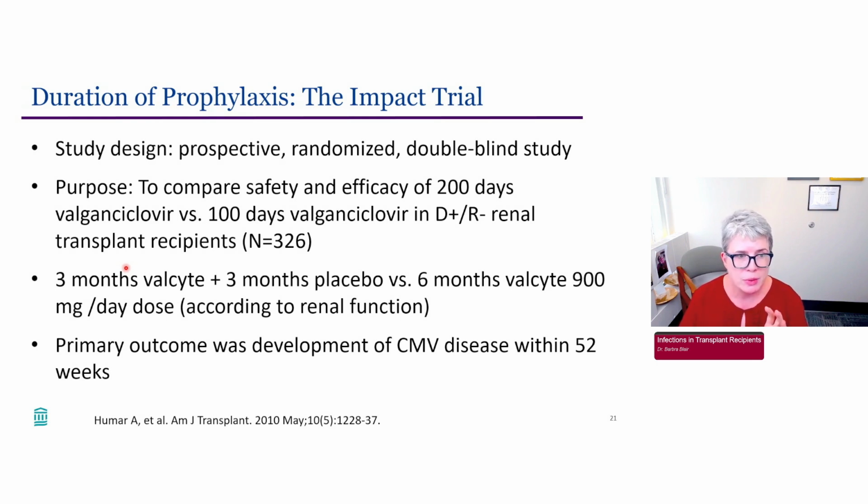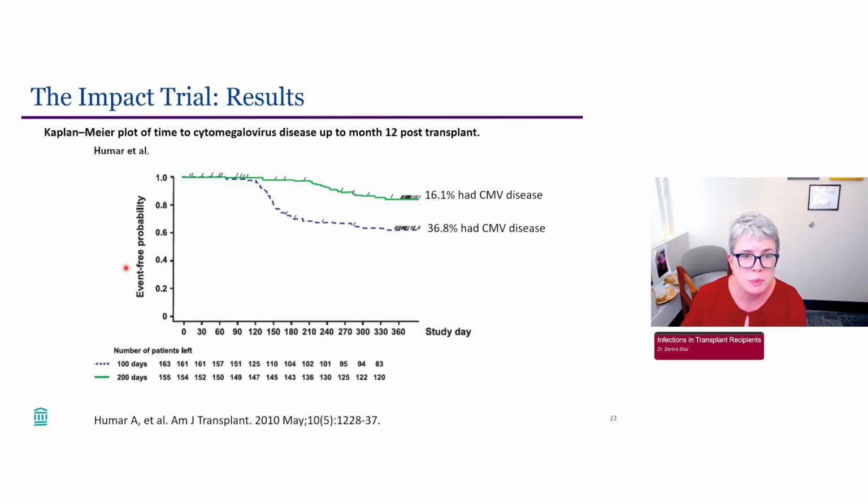It looked at 100 days, so 3 months, versus 6 months, and the other 3 months in the 3-month group was placebo. So you either got 3 months of Valcyte plus 3 months of placebo, or 6 months of Valcyte, dosed according to your renal function. The outcome was CMV in the first year post-transplant.